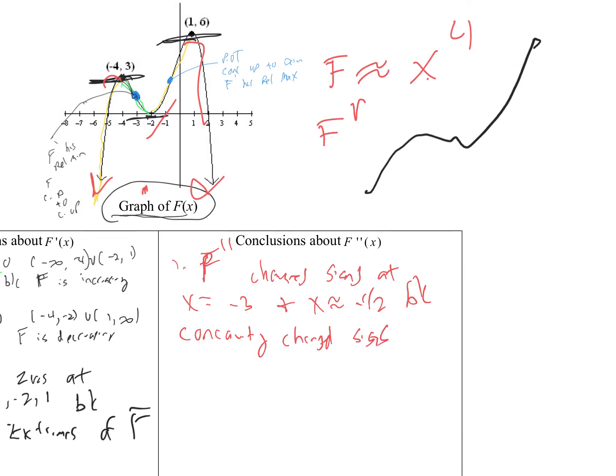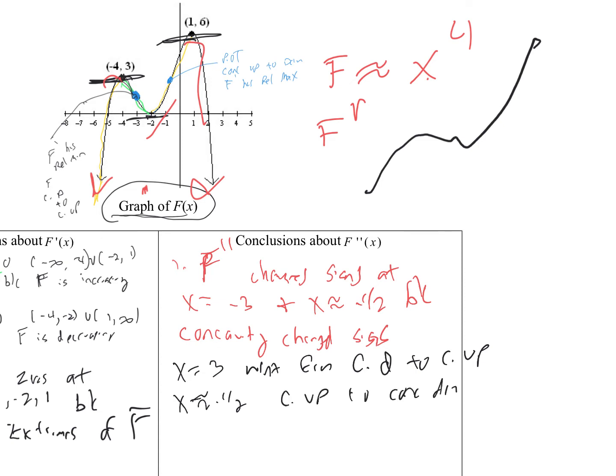Let's be a little more detailed. X equals -3 went from concave down to concave up. X equals approximately -1/2 went from concave up to concave down.